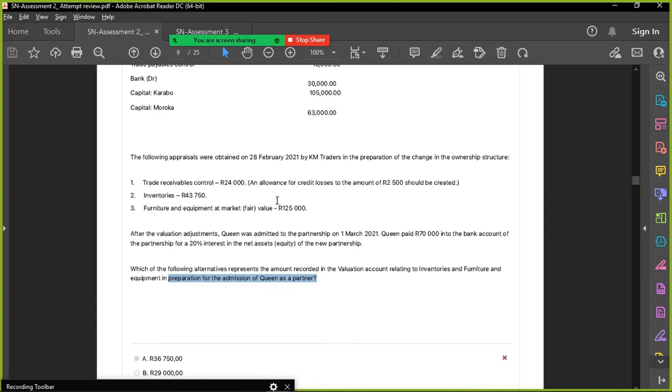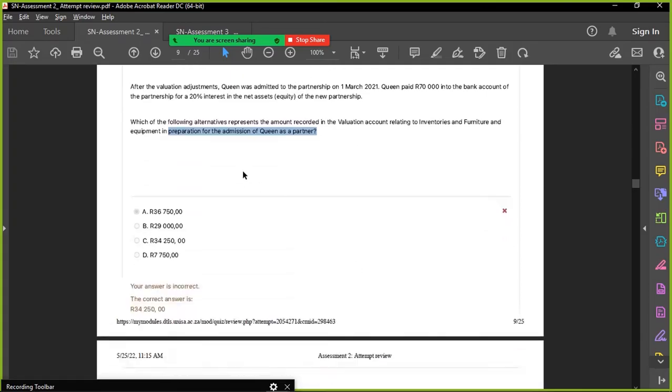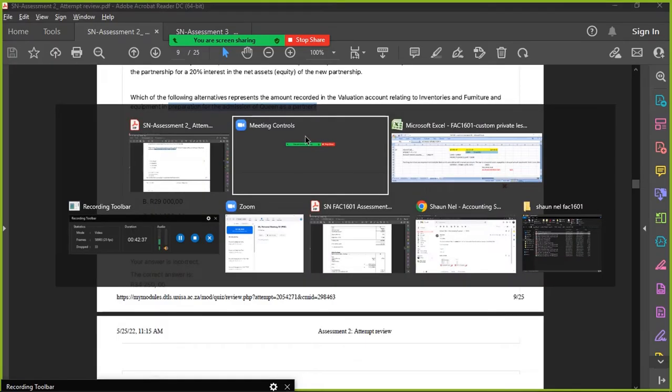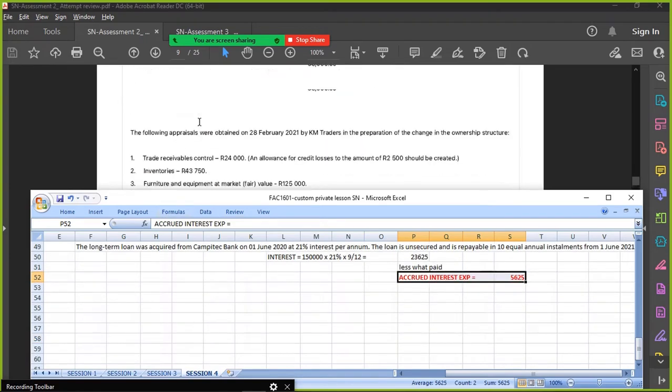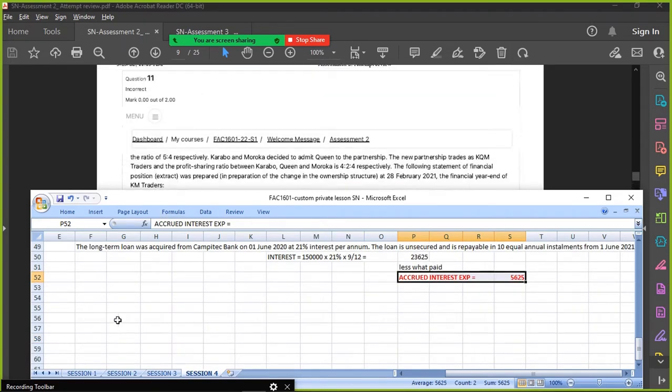When you're looking at a valuation, all the assets and liabilities need to be valued at that point in time. Here they're asking which of the alternatives represents the amount recorded in the valuation account relating to inventory and furniture and equipment. This is question number 11, a valuation account for partnerships.